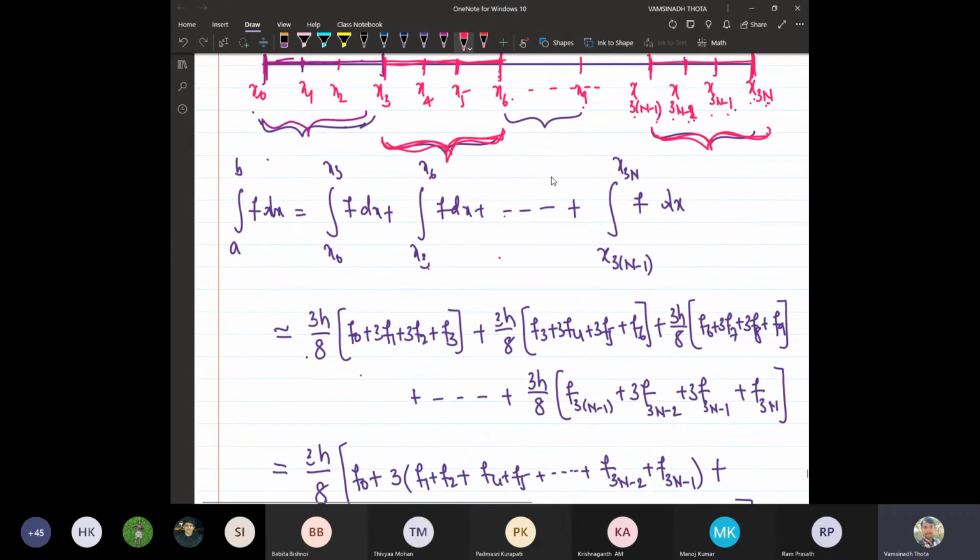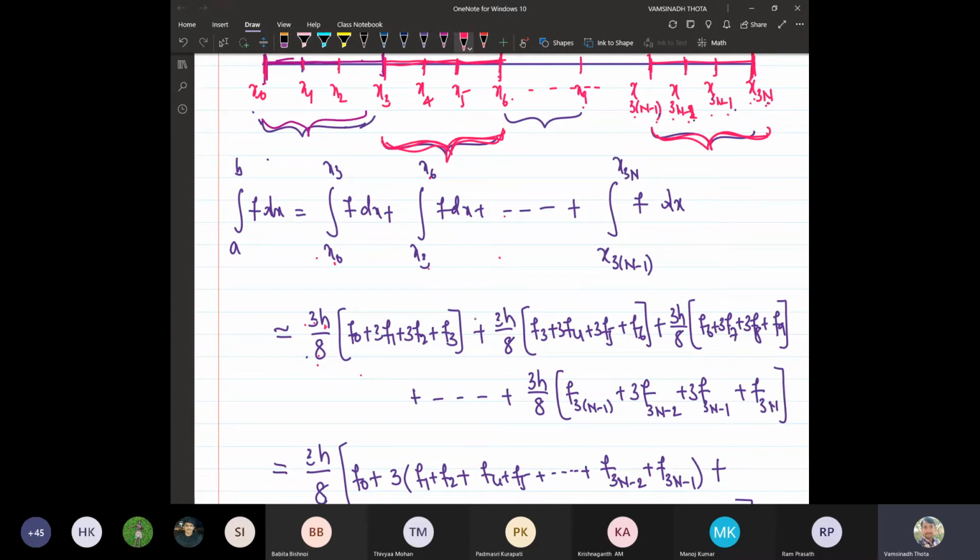Now within the first interval, if you apply the Simpson's 3/8 rule, we get 3/8 times h, where h is the length of the subintervals, fixed in all cases, times f at the initial point plus 3 times f at x1, plus 3 times f at x2, plus f at the final point.